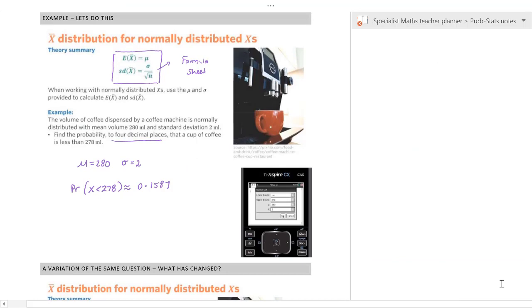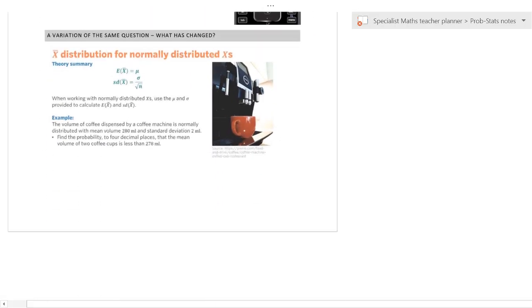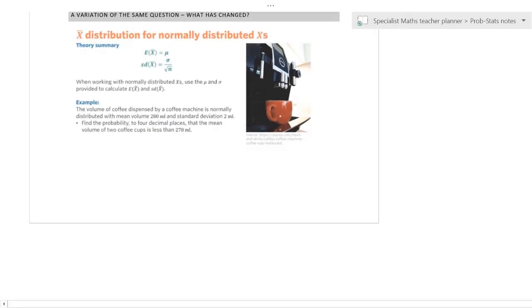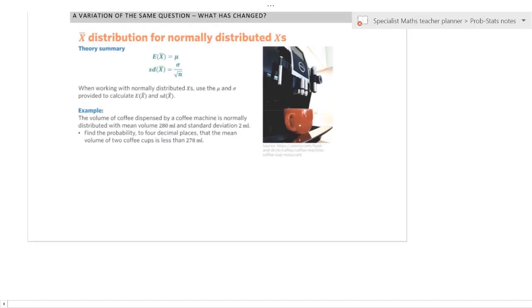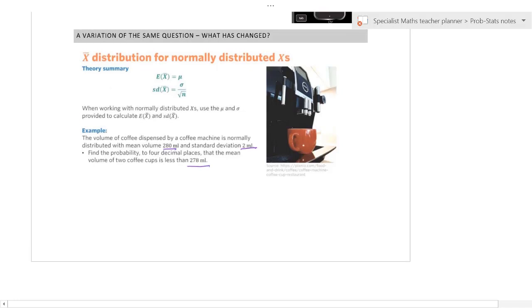All right, whilst we're on a roll, let's keep going and do this one, and then we'll do the exam question. When working with a normal distribution, it's the same sort of thing, but this time it says the volume of coffee dispensed by a coffee machine is normally distributed with a mean of 280 and a standard deviation of 2. Find the probability that the mean of the coffee cup is less than 278.